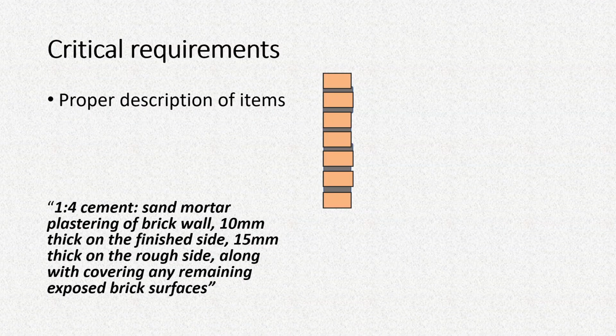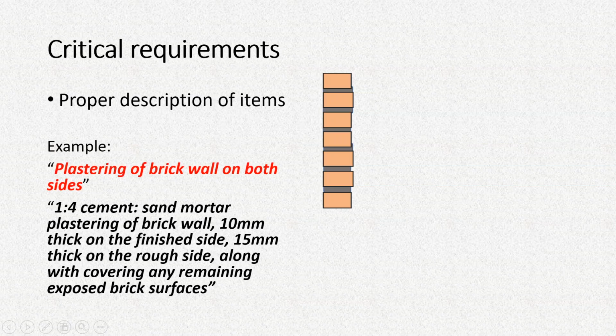Another critical item is the proper description of items. For example, if we are considering a brick wall and the item description is the plastering of the brick wall, then you may write as plastering of brick walls on both sides, but it's not a very good description of the item, because we know that generally when a brick wall is constructed, one side of it is properly aligned, the brick faces are properly aligned, but that is on this side.